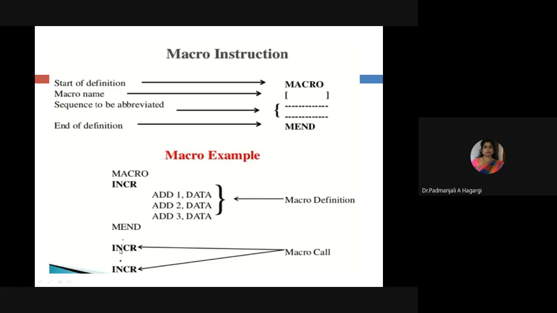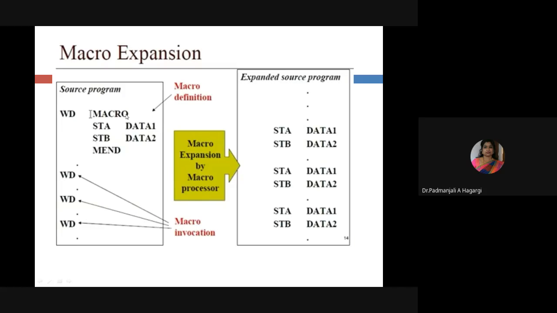This macro name is called here, so that wherever it is called, it substitutes this definition, and this part is called macro expansion. So here you can see how the macro is getting expanded, macro expansion by the macro processor.